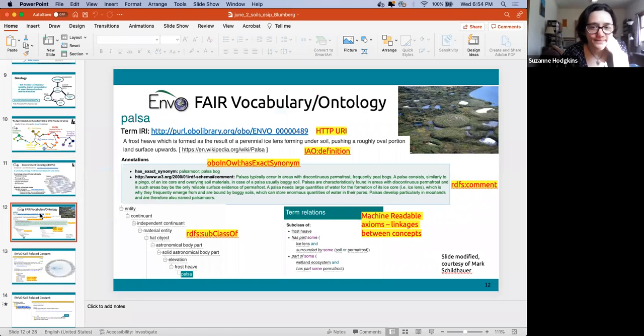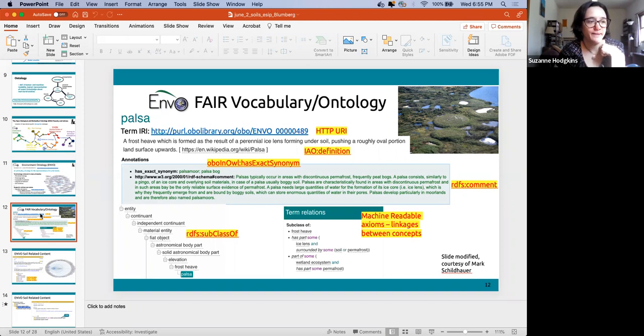Yeah, so I love that you use that example, because one of the habitats that we're looking at in the Emerge project is something that we call a pulsa. Looking at that description, a frost heave, which is formed as a result of a perennial ice lens forming under soil, pushing a roughly oval portion of the land surface upwards, I don't know if what we're calling a pulsa would fall under that, and there might be a better term for it.